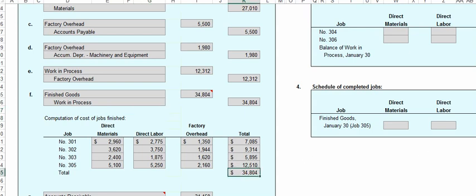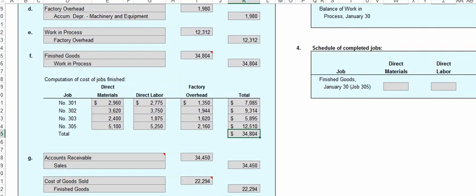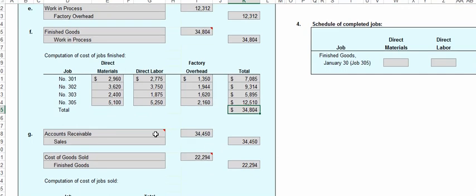Okay, then, for the jobs that were finished and sold, we're going to debit accounts receivable because they were sold on account for the total of the sales prices from G. We'll also credit sales for the total of the sales prices from G. Then we're going to debit cost of goods sold for the cost of the 3 jobs that were sold, 301, 302, and 303.